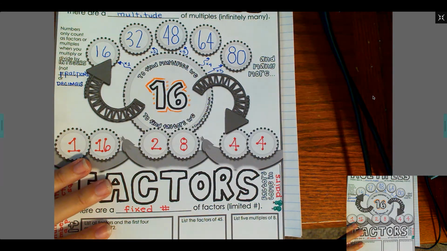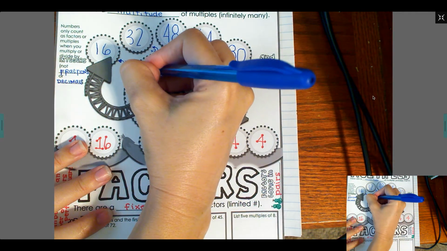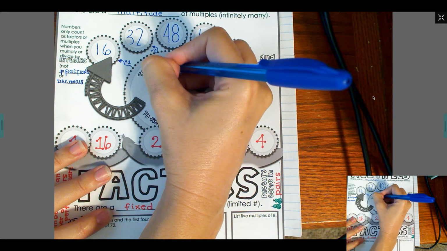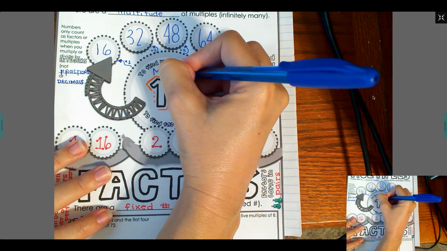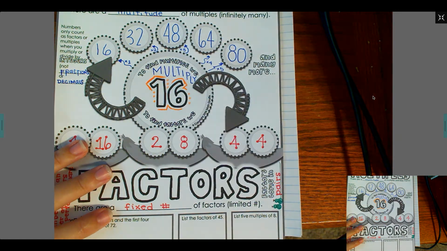All right. So to find multiples, we multiply. For me, the fact that multiple sounds like multiply helps me remember that we multiply up.